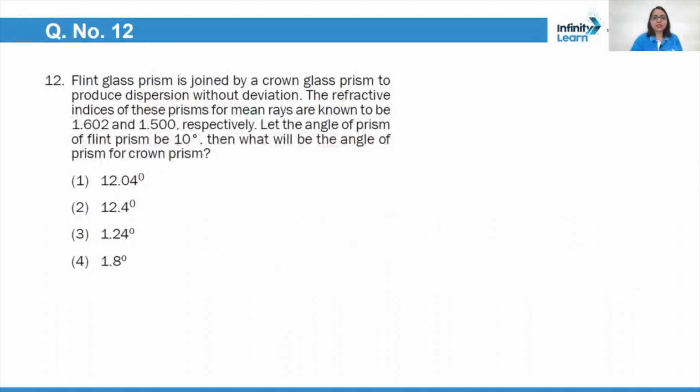Question number 12. Flint glass prism is joined by crown glass prism to produce dispersion without deviation. The refractive indices of this prism for mean rays are known to be this and this respectively. Let the angle of prism of flint glass be 10 degree, then what will be the angle of prism for crown prism? So we know that A upon A dash is equal to mu dash minus 1 upon mu minus 1.